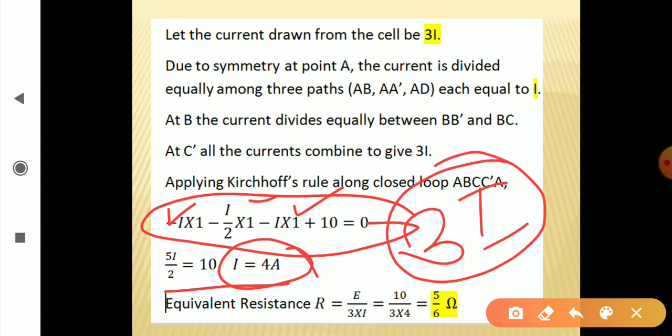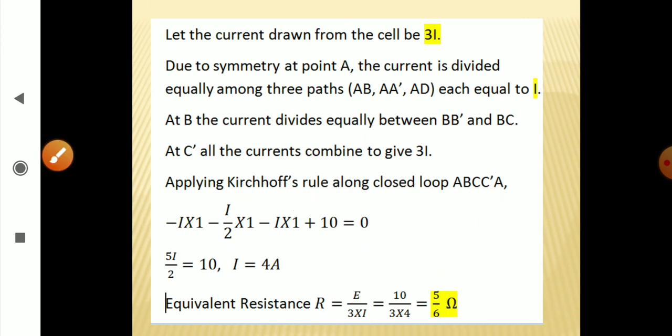Okay, so the total current drawn from the cell is 12 ampere, 3 into 4, and equivalent resistance will be E upon 3I, meaning total EMF upon total current, right? That is 10 upon 12, and you get 5 upon 6 ohm. So the equivalent resistance of the given configuration is 5 upon 6 ohm.